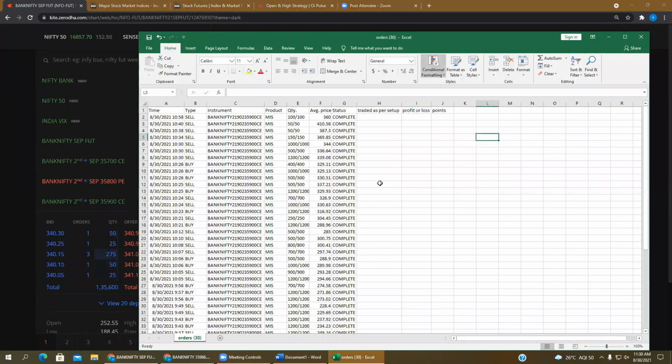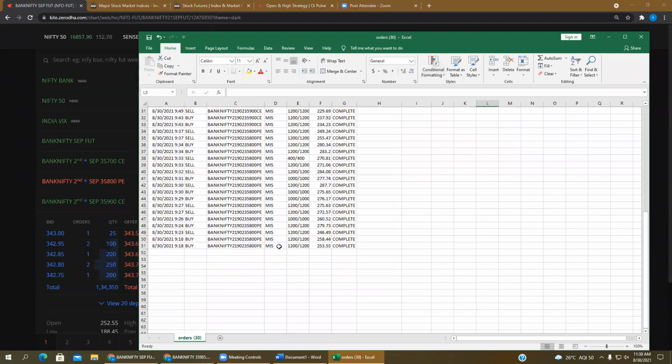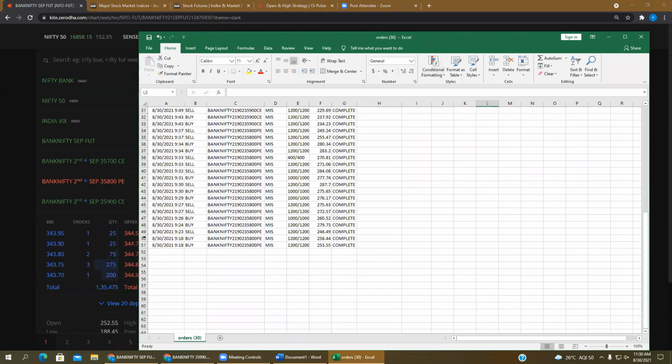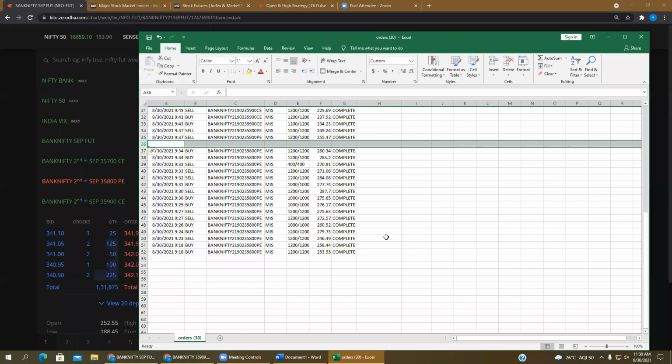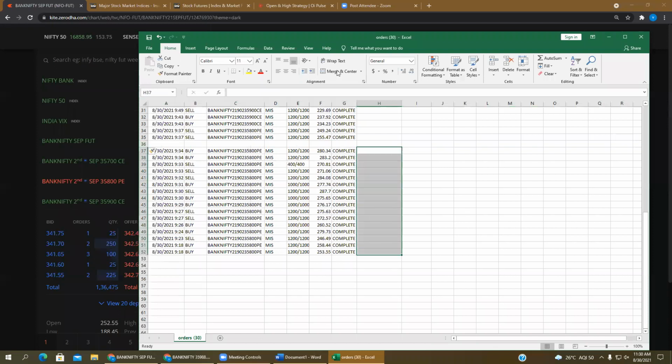Okay, now we'll come to the trading journal. So this was the first trade. I have to put a gap here. Margin center.